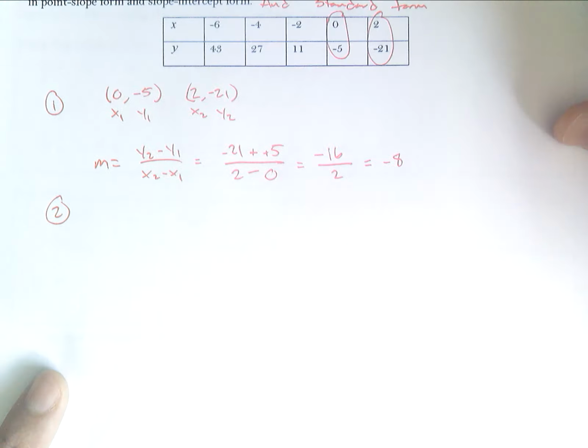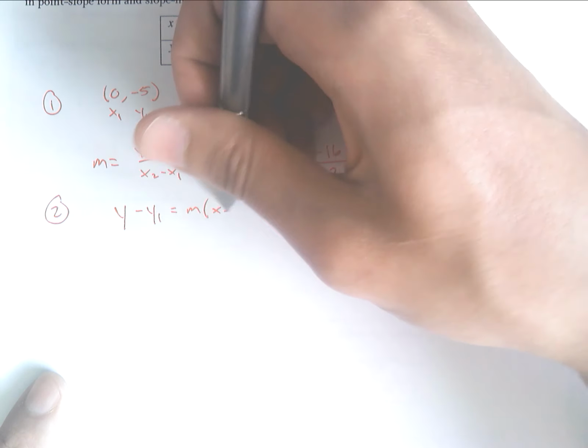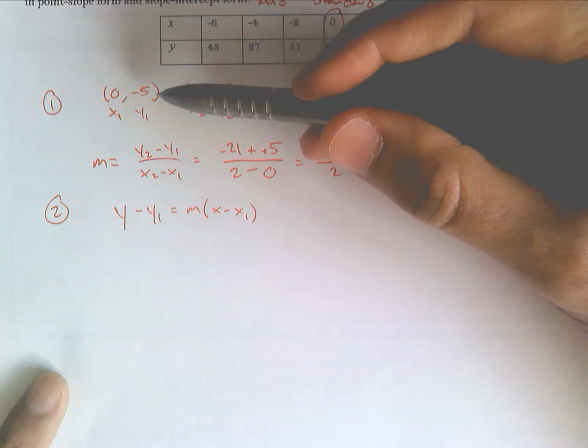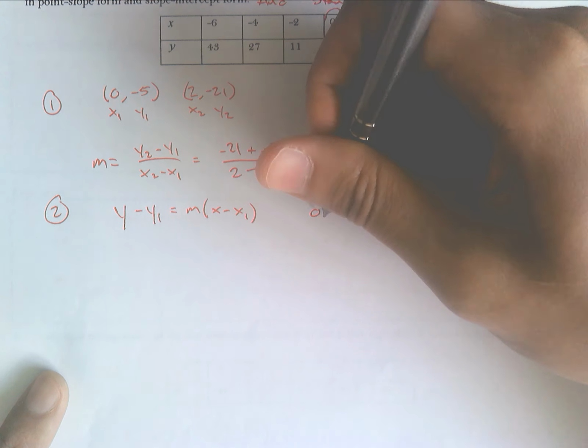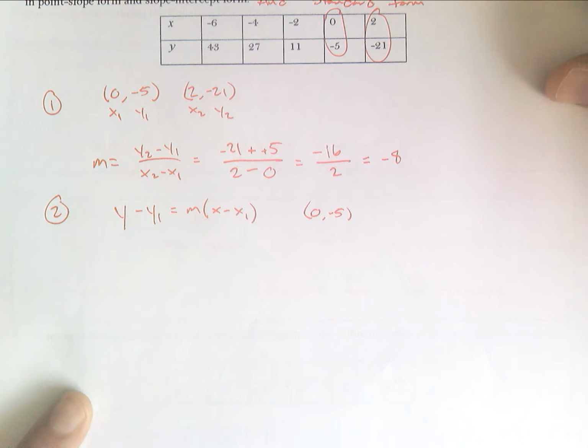Now, step 2, we can plug it into the general form for point slope. So y minus y1 equals m times x minus x1. So we got to choose a point. Let's just choose this first point. So (0, -5). We're going to plug that into this equation here.